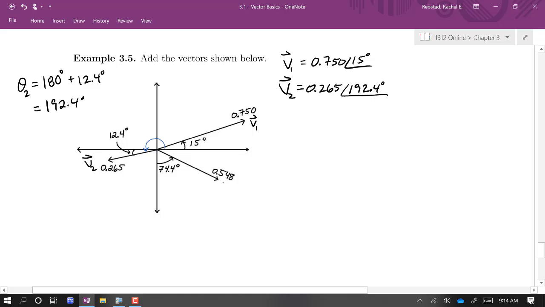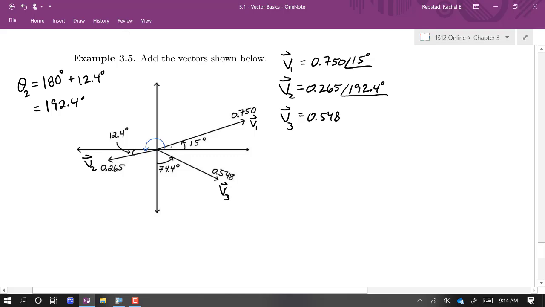And over here, V3, we know that its magnitude is 0.548. However, its direction, again, they gave us not the actual angle that we need to use. They gave us not the reference angle that we're used to. A reference angle is always from the horizontal, always from the x-axis. They gave us an angle measured from the 270.